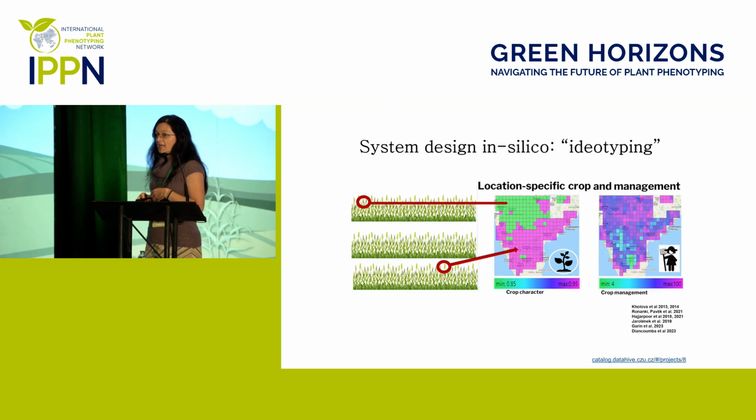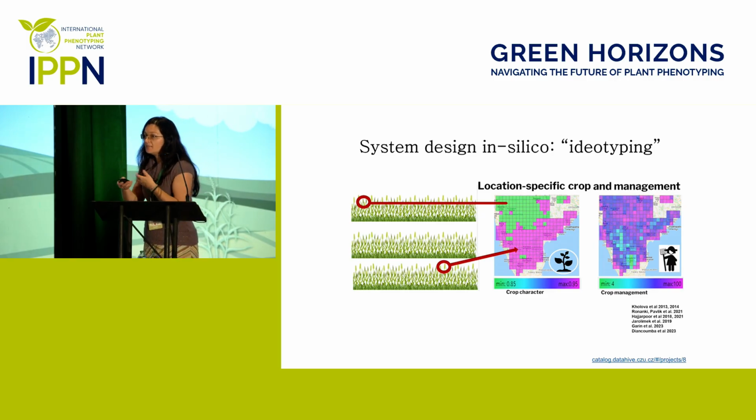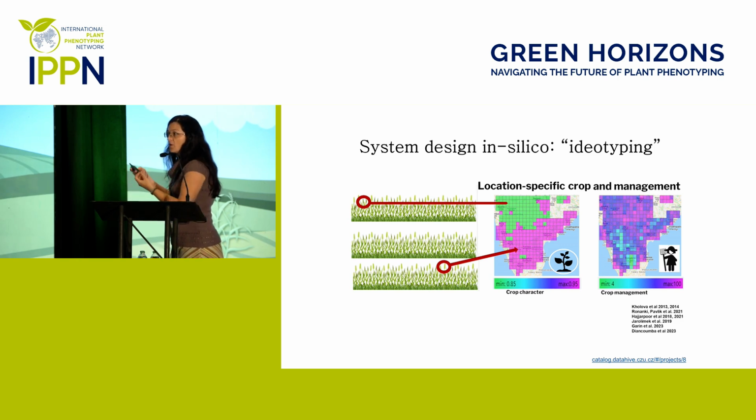So not only does it help us to understand the constraints and opportunities in a given system, but importantly for this audience, this is a very powerful tool to design the ideotypes, the set of genetic features or traits, let me say, which when they are combined, could basically stabilize or optimize the production in different systems.